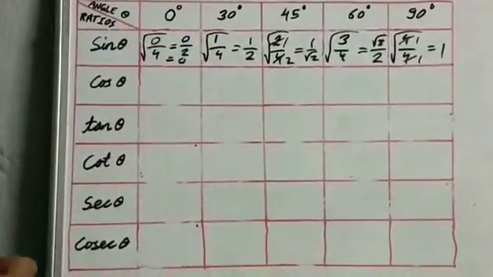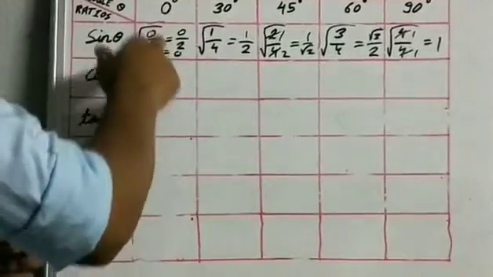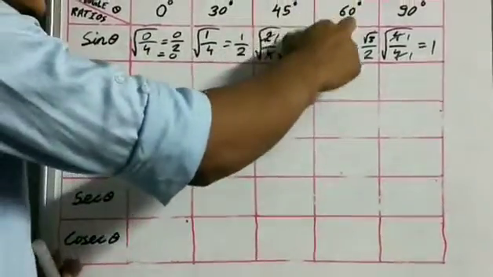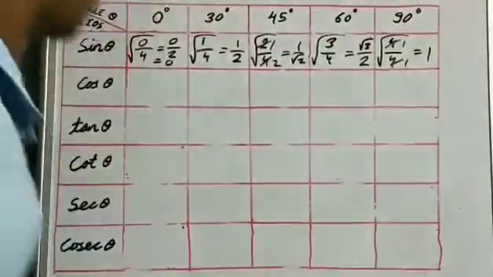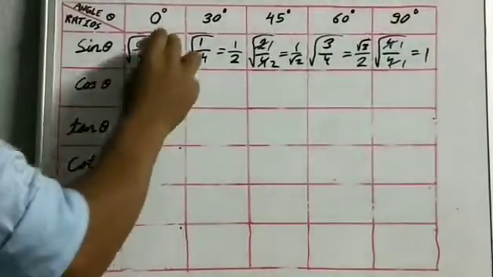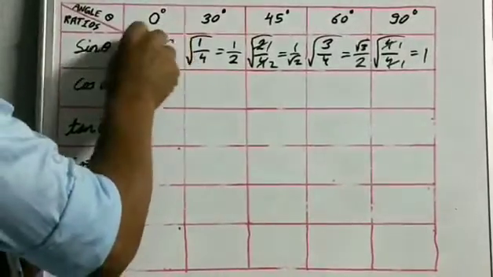So we get the values for sine 0 degree, sine 30 degree, sine 45 degree, sine 60 degree and sine 90 degree. Write this in a clear way.